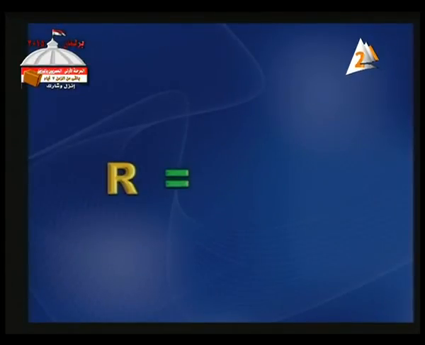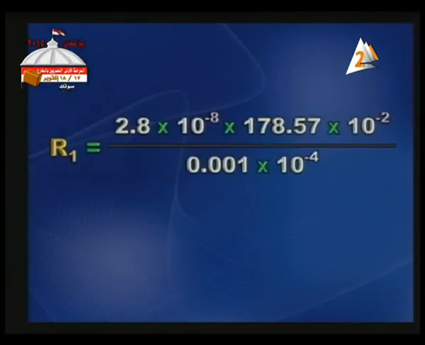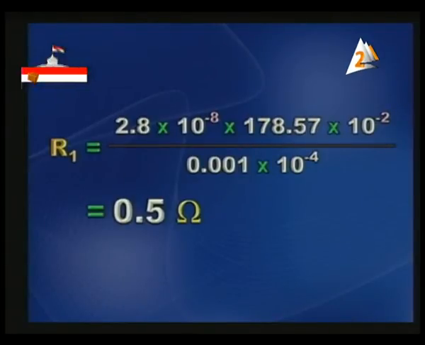We'll determine the resistance of each wire by using the formula R is equal to rho L over A. So resistance of the first wire, we've got resistivity, length, and area, so it's all easy. It was found to be 0.5 ohm. This is the resistance of the aluminium wire.